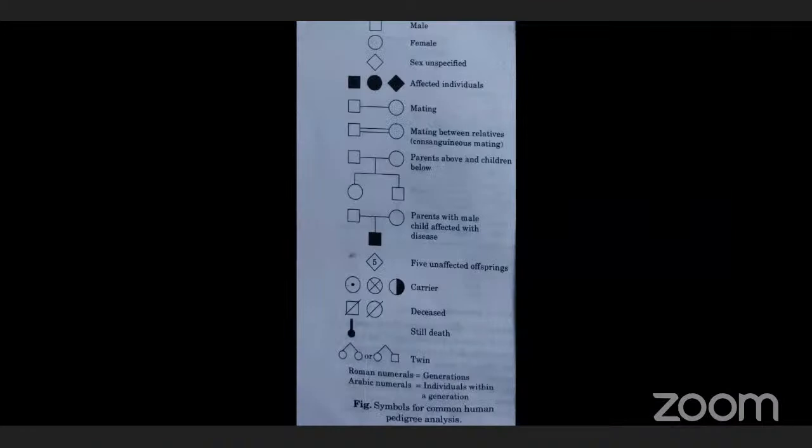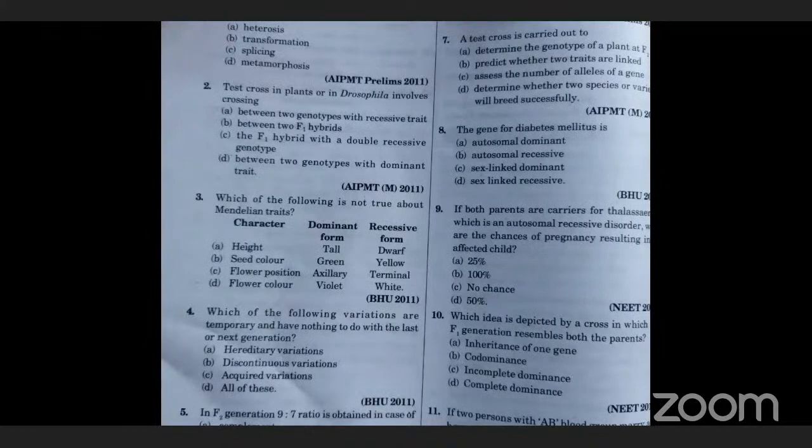So that's all about inheritance and variations. What are the things we discussed? Genes, Mendel's monohybrid and dihybrid experiments, Mendelian characters and laws, exceptions to Mendelism and post-Mendelian processes, the chromosomal theory, cytoplasmic inheritance coming under post-Mendelism, mutation, and the last one, genetic disorders.